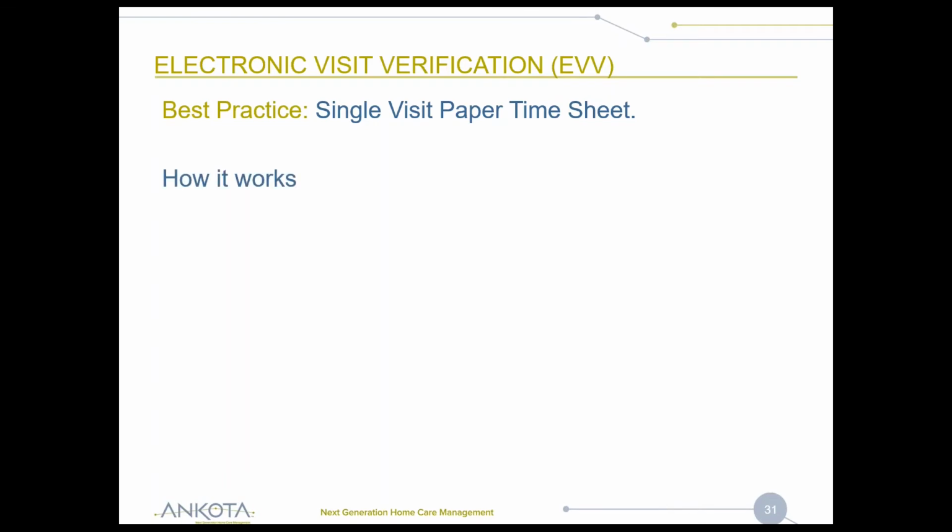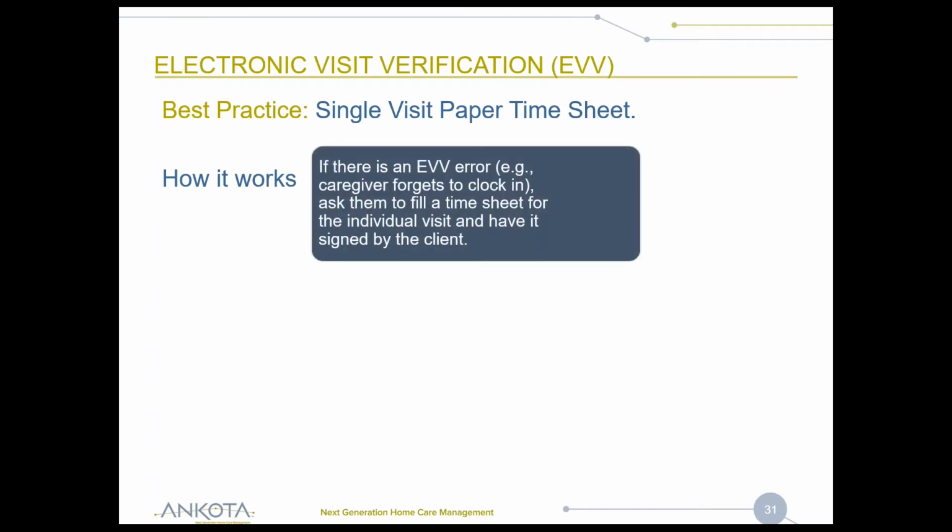So agencies before EVV, or before clock in with telephony and mobile, and by the way, Missouri's been ahead of the pack, and most agencies have had a system for a while, before I guess you're on a system like this, there's generally a full week timesheet.